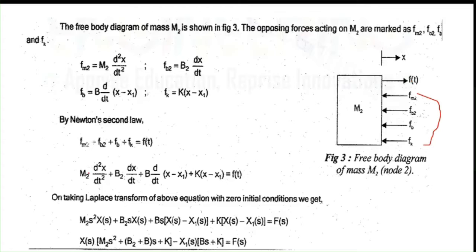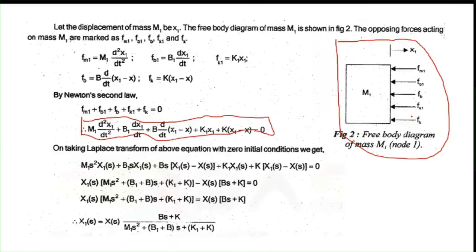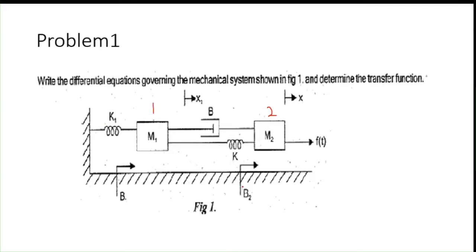Now we have the equation for each term. Fm2 is the force due to mass m2, that is m2 into d square x by dt square. Fb2 is due to this frictional coefficient b2 that corresponds to a dashpot.